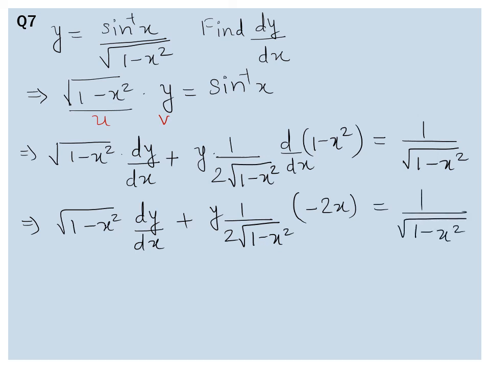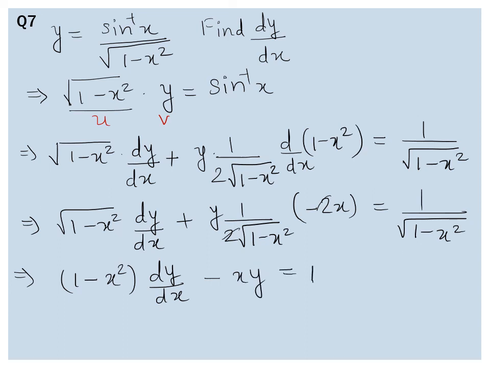Multiplying the complete equation with root of 1 minus x square, it becomes simple. So multiplying it by root of 1 minus x square, it becomes (1 minus x square) dy by dx. And this 2 gets cancelled over here. So it is minus xy and equal to 1.